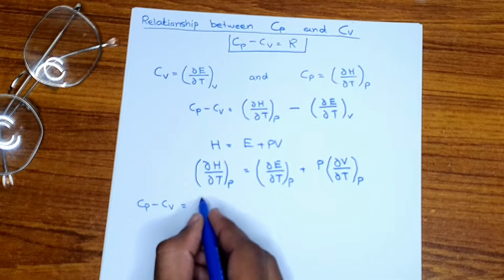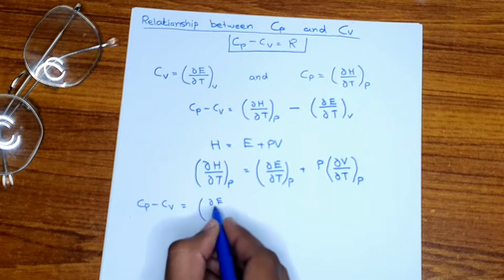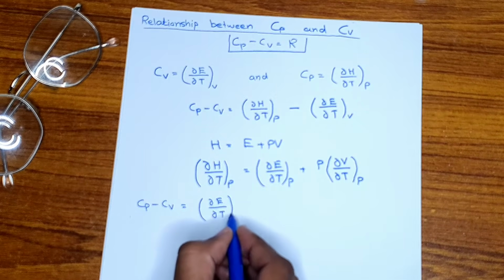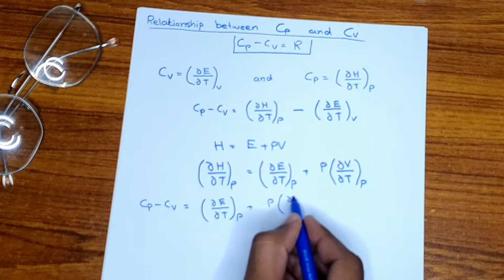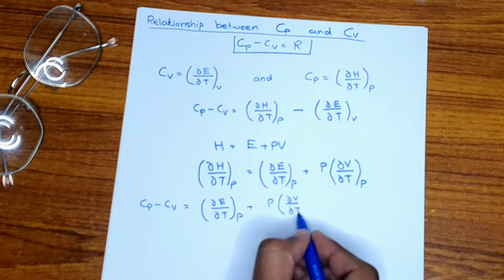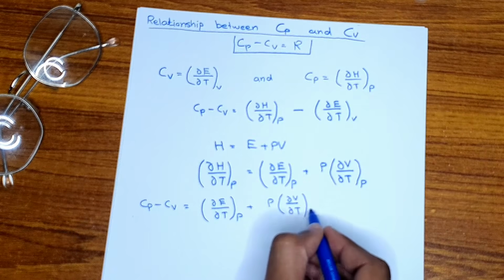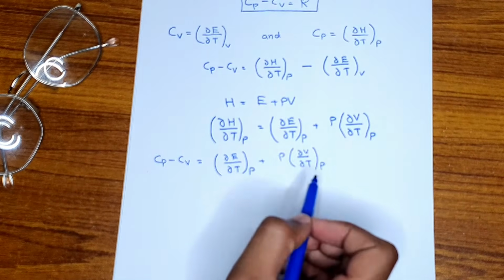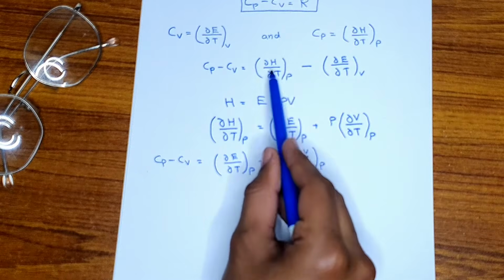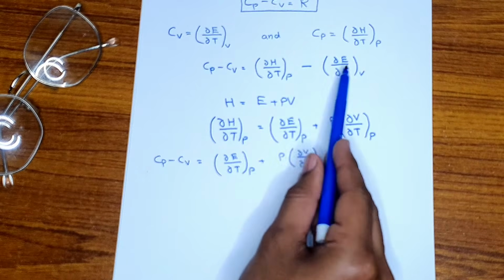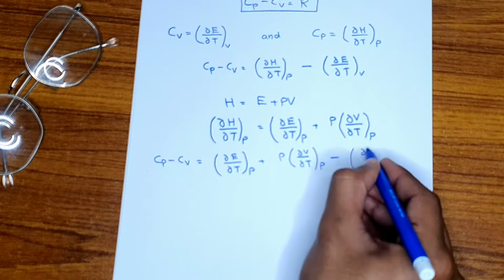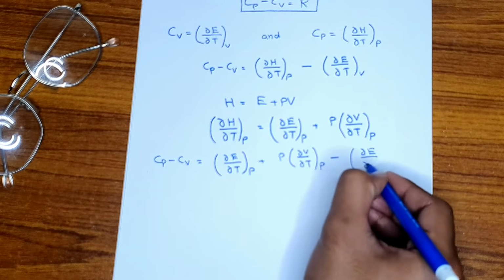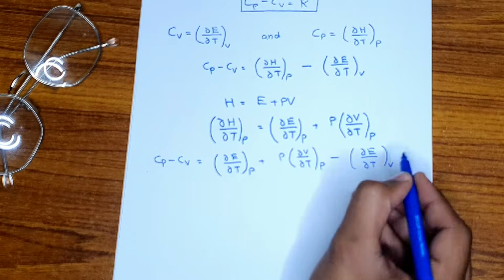Plugging in this value will give me change in energy divided by change in temperature at constant pressure, plus P, change in volume divided by change in temperature at constant pressure. Okay, so I've just plugged in the value of this, and now I'm going to write minus this part here, that is change in energy divided by change in temperature at constant volume.